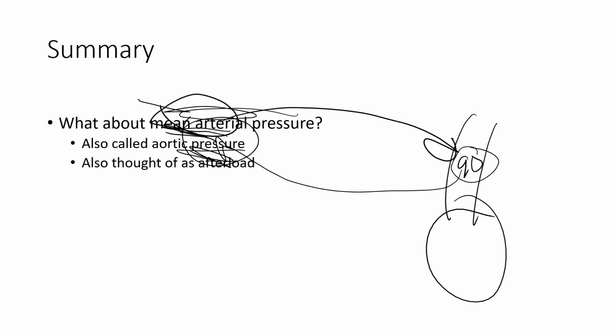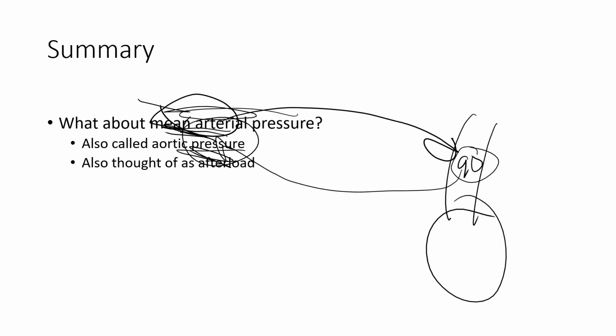Okay, so the simpler way of saying this is that the left ventricle has to overcome 90 millimeters of mercury of pressure, right? The left ventricle has to overcome the afterload, which is aortic pressure or mean arterial pressure.